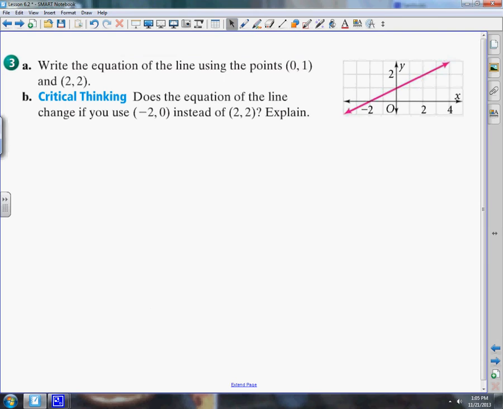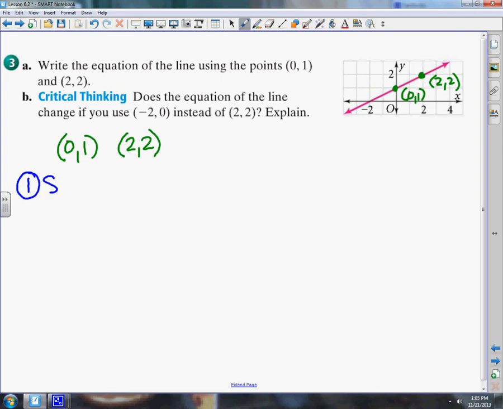Write the equation of the line using the points (0, 1) and (2, 2). Now, here is my line, (0, 1) and (2, 2). So if I write these points out, there are 3 steps to this equation.